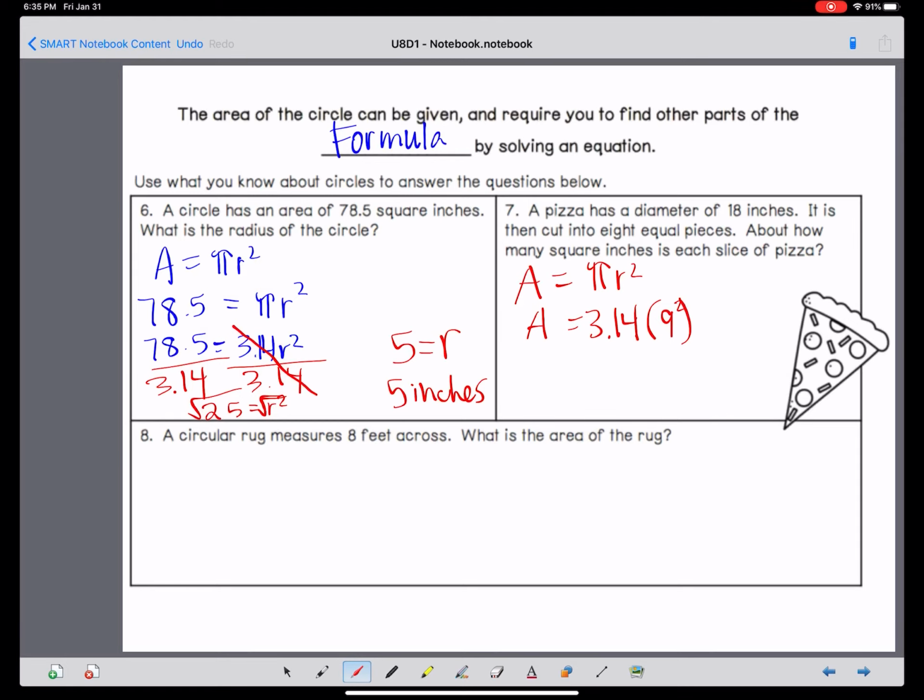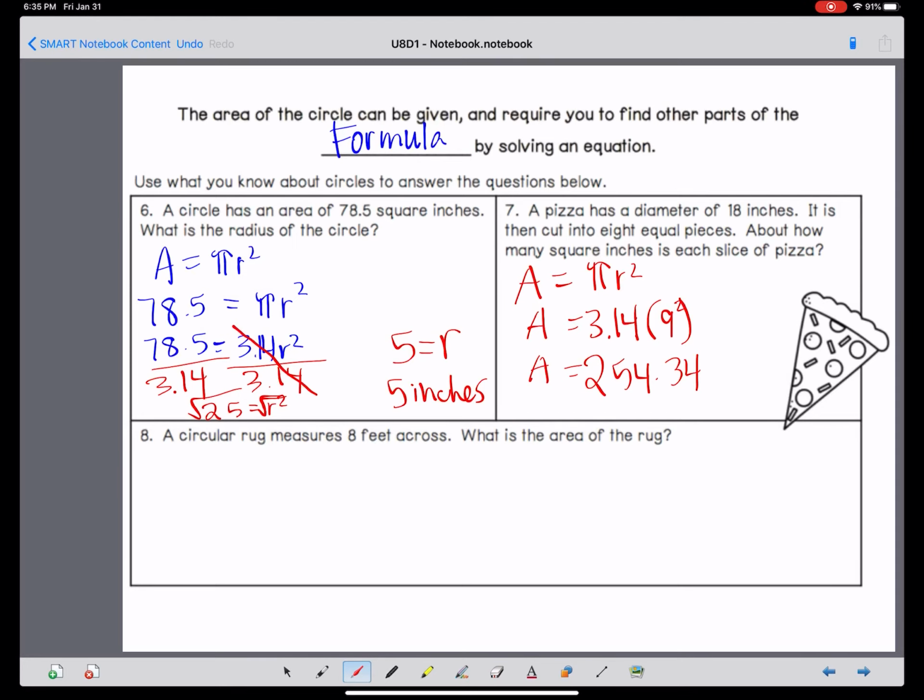And now I'm just going to plug away with my equation. And it looks like, if I type this in, 3.14 times 9 squared gives me 254.34 as my area. But the most important thing to remember is I also have to include my units, which is inches.